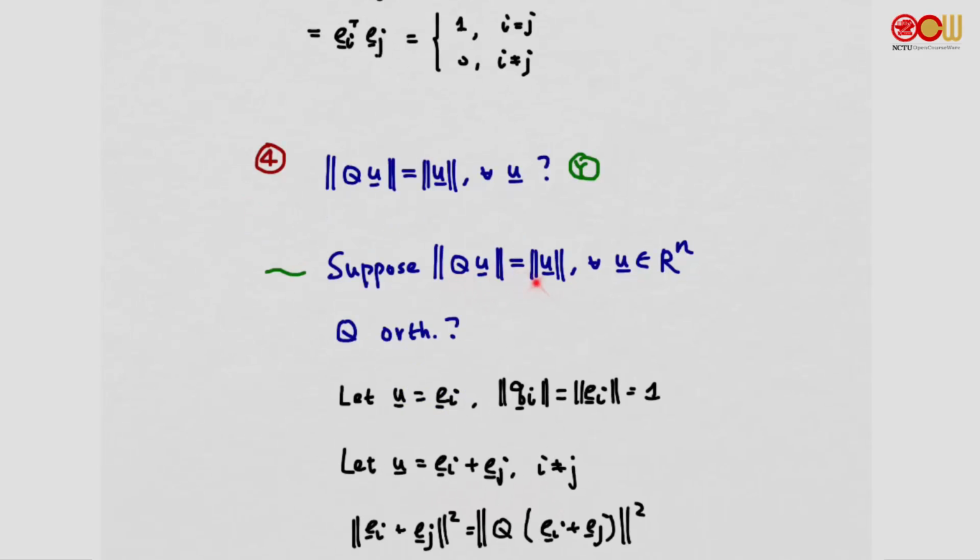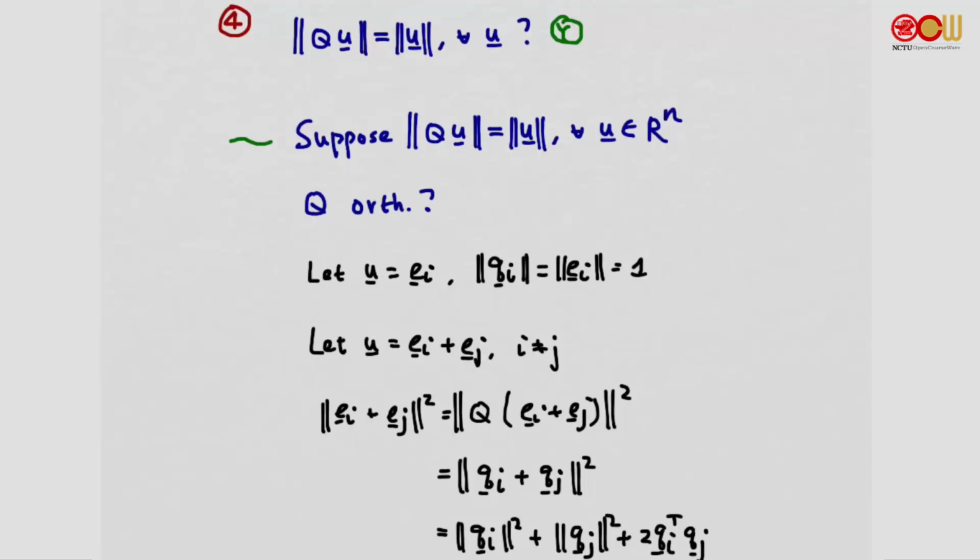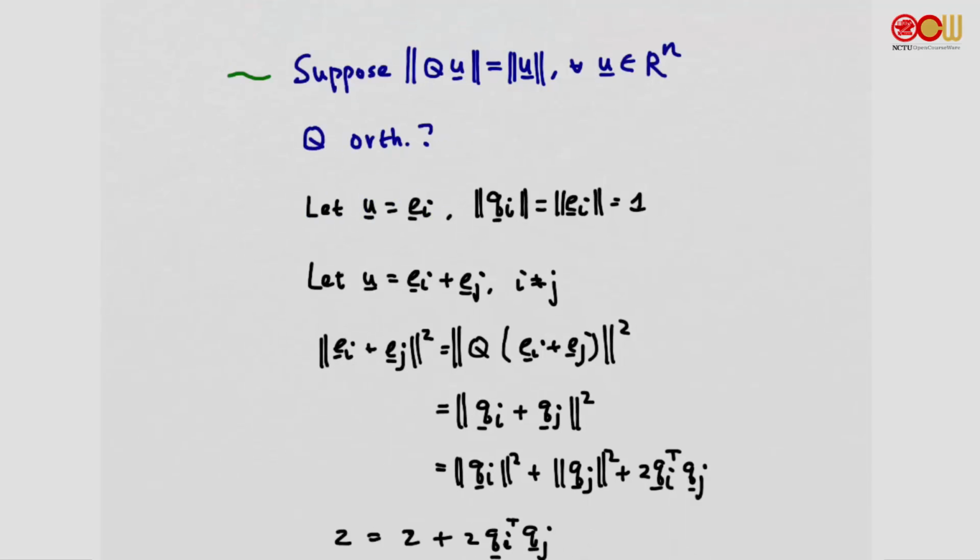By the given property, we know the norm squared of U is the norm squared of QU. This will be the same as the norm squared of the sum q_i plus q_j. And this is the same as the norm squared of q_i plus the norm squared of q_j, and here we get the dot product term. The left-hand side, e_i plus e_j, has norm squared equal to 2.